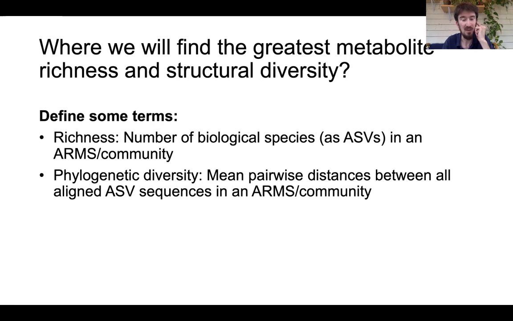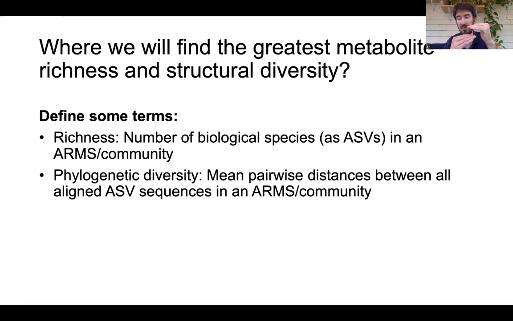And then secondly, when I talk about phylogenetic diversity in a moment, what we're thinking about is taking all those ASVs, lining them up as best we can, and then saying, how different are those sequences in terms of the nucleotides that are there? And so we can calculate the pairwise distance between every single ASV sequence.